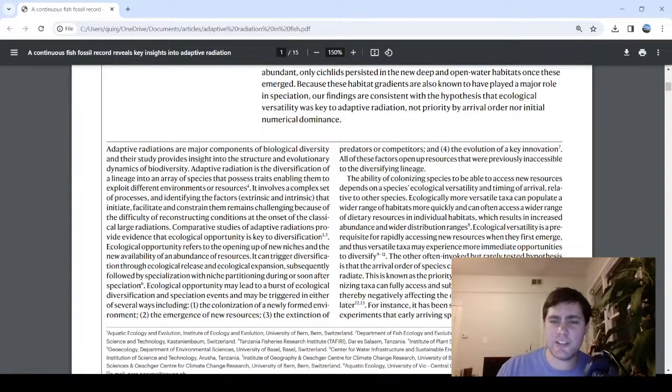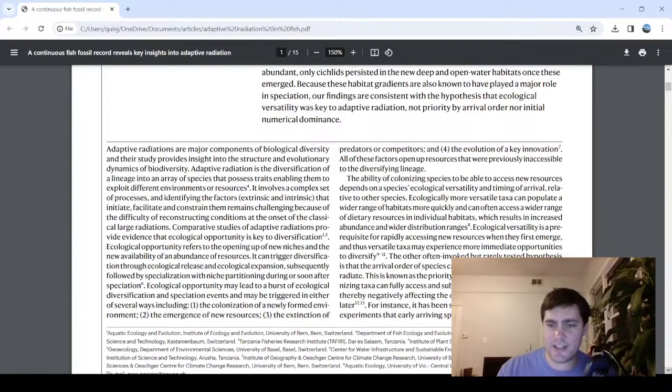The other often invoked but rarely tested hypothesis is that the arrival order of species can determine which one goes on to radiate. This is known as the priority effect, which holds that early colonizing taxa can fully access and subsequently monopolize resources, thereby negatively affecting the opportunities for taxa that arrive later.